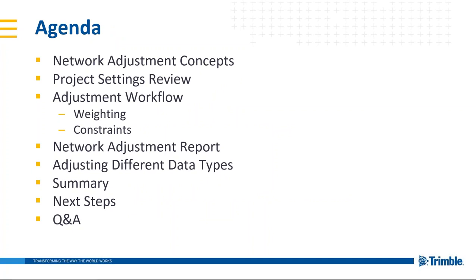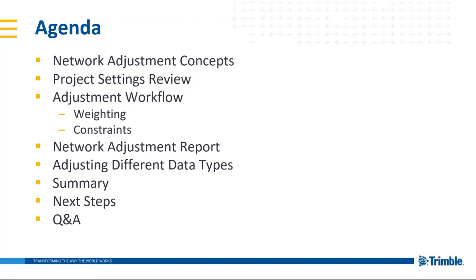So today we're going to just kind of start with some network adjustment concepts, and then this is going to be one of the rare slides you're going to see in the session, as we typically try to focus more on the live software workflows, and we'll try to spend the majority of our time today in the software working through the network adjustment steps. So Richard is going to be taking us through the project settings in TBC. Then we're going to dive straight into the adjust network command and the workflows.